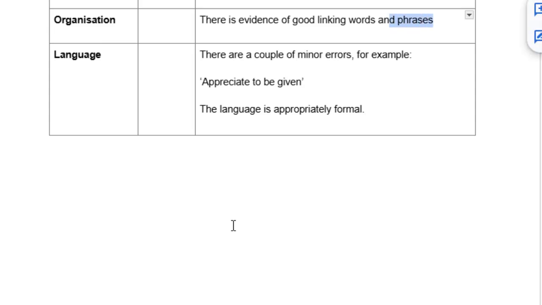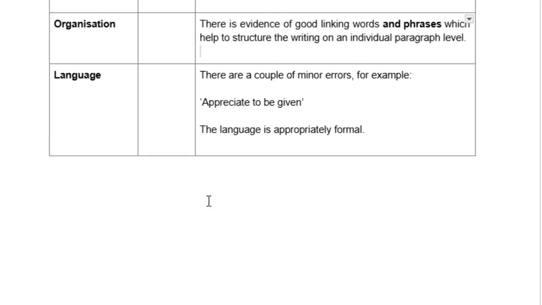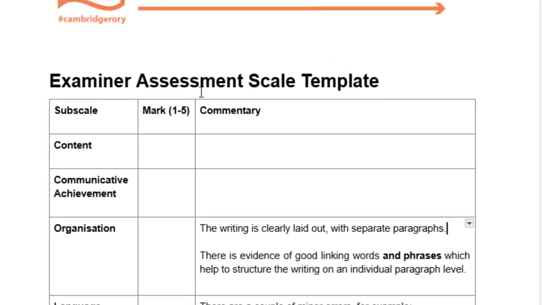We'll come back to this to see if there are linking phrases as well, which help to structure the writing on an individual paragraph level. The writing is clearly laid out with separate paragraphs. Okay.